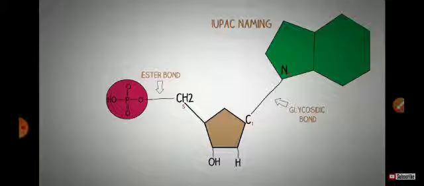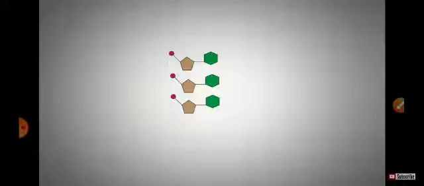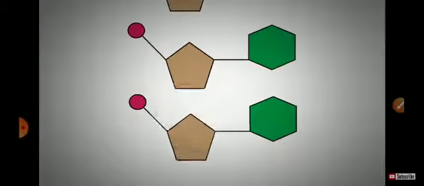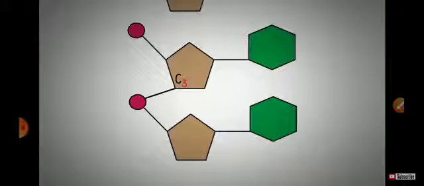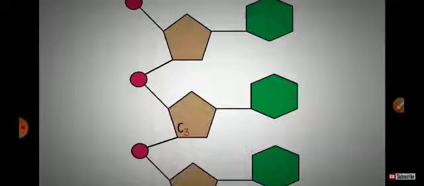Here, talking about the sugar and the phosphate, the bond present is the ester bond, which is present at the 5th carbon atom. The 5th carbon atom of the ribose sugar, which contains the CH2OH group, gets linked to the phosphate group. Thus the bond formed is the phosphodiester linkage, which is formed between the 3rd carbon atom and the 5th carbon atom.